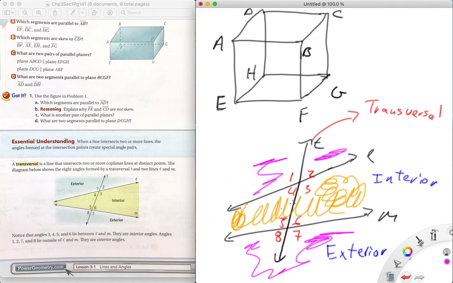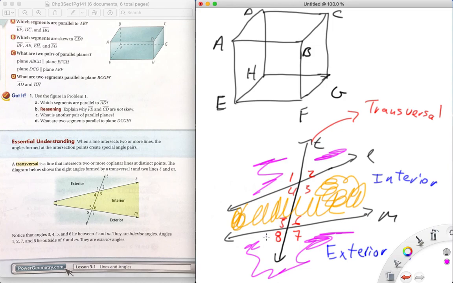So we have two lines cut by a transversal that intersects both the two lines. Lines L, M, and T are all in the same plane. They create a bunch of angles associated with it. The angles inside of the lines, so this is going to be angles 4, 3, 5, and 6, are interior angles because they're in the region in between the two lines.